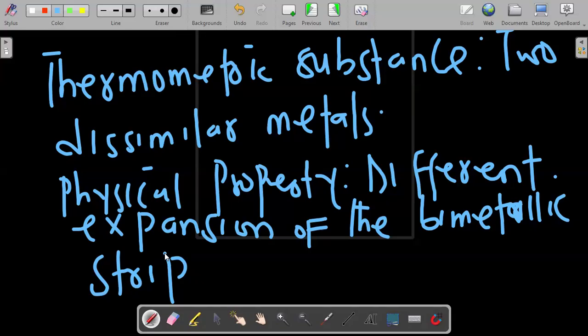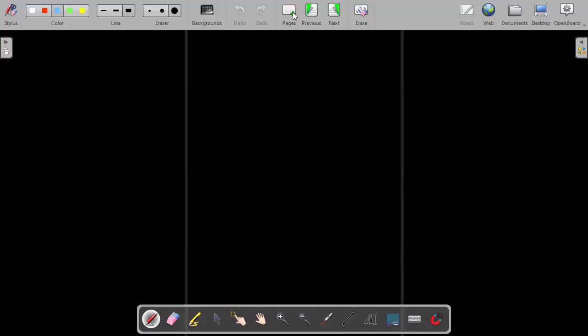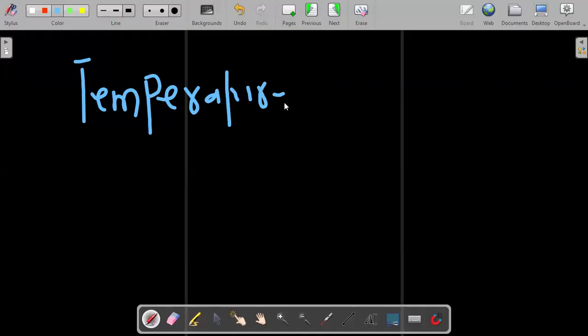So where we are going now is very interesting, and I want you guys to pay very good attention to this part. We call it temperature scale. Temperature scale is how well a particular thermometer can measure a certain value.